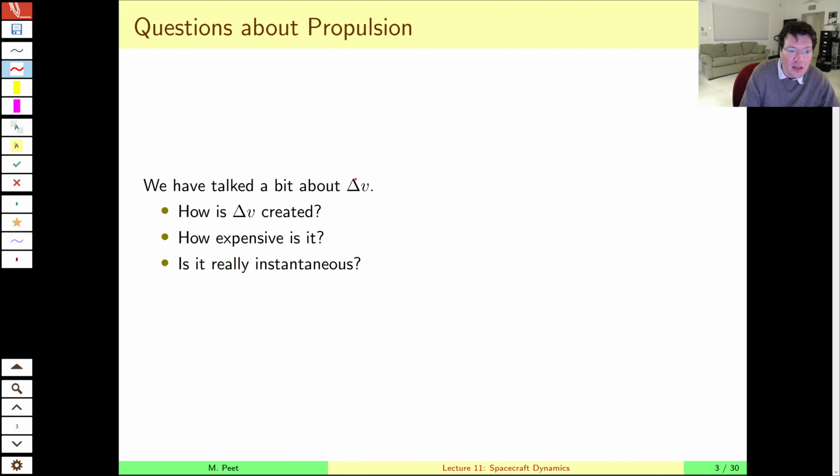All right. So this is basically what I've already been talking about. We've talked about delta V as sort of an instantaneous thing that is created. And so in the following slides, we'll talk about how we achieve this instantaneous delta V. It's not really instantaneous, but the rate at which it's created doesn't matter too much in terms of the magnitude.